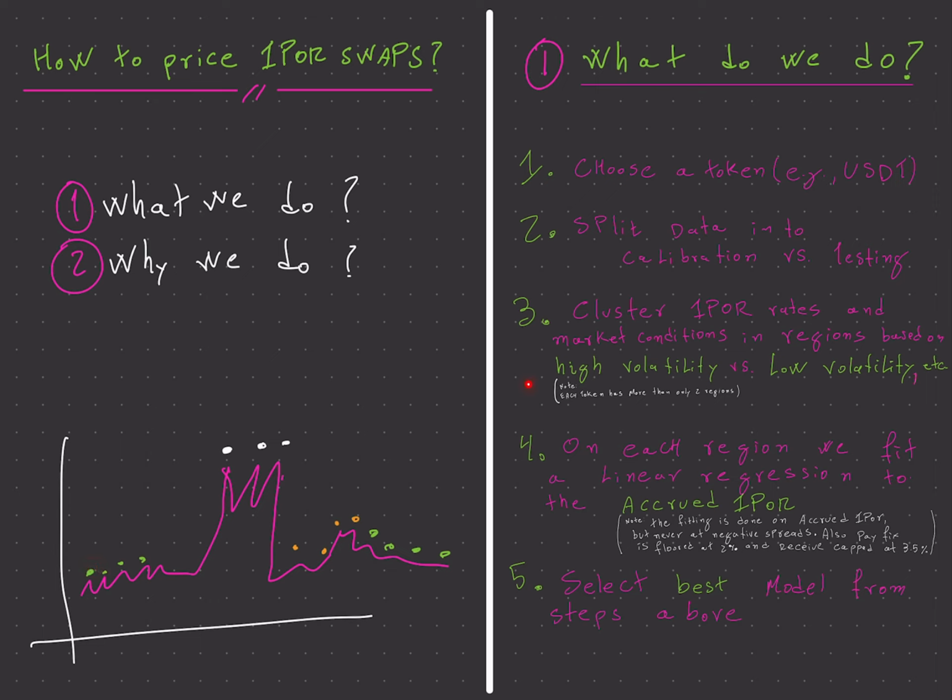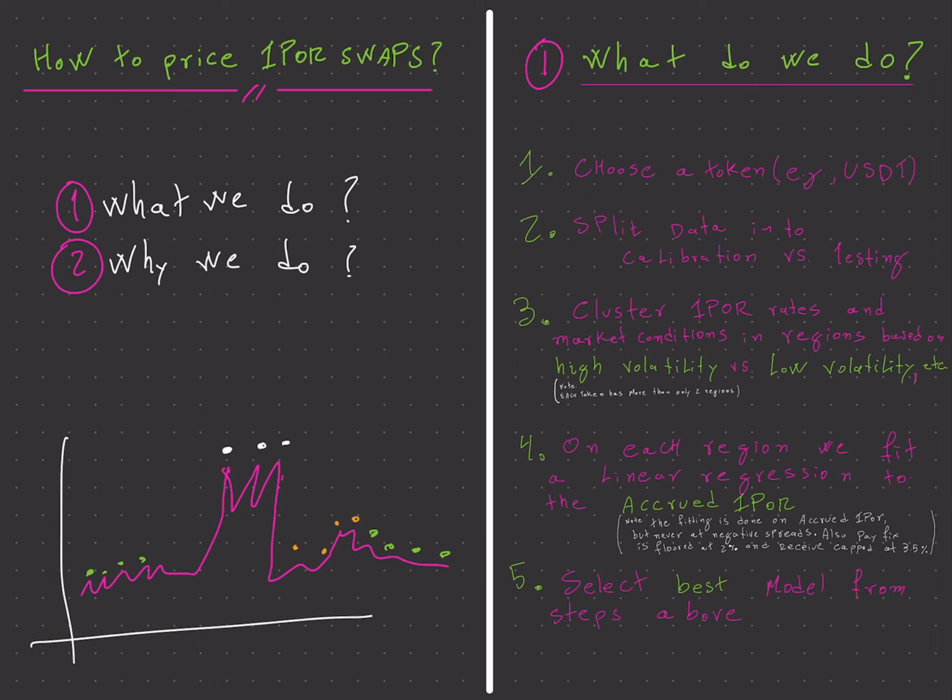We could choose different ways to split the data. Let's pretend we choose, and the reason I'm saying let's pretend is that we've done many types of iterations, one of them could be volatility, for example. Let's split this particular data set into high volatility, low volatility, and medium volatility.